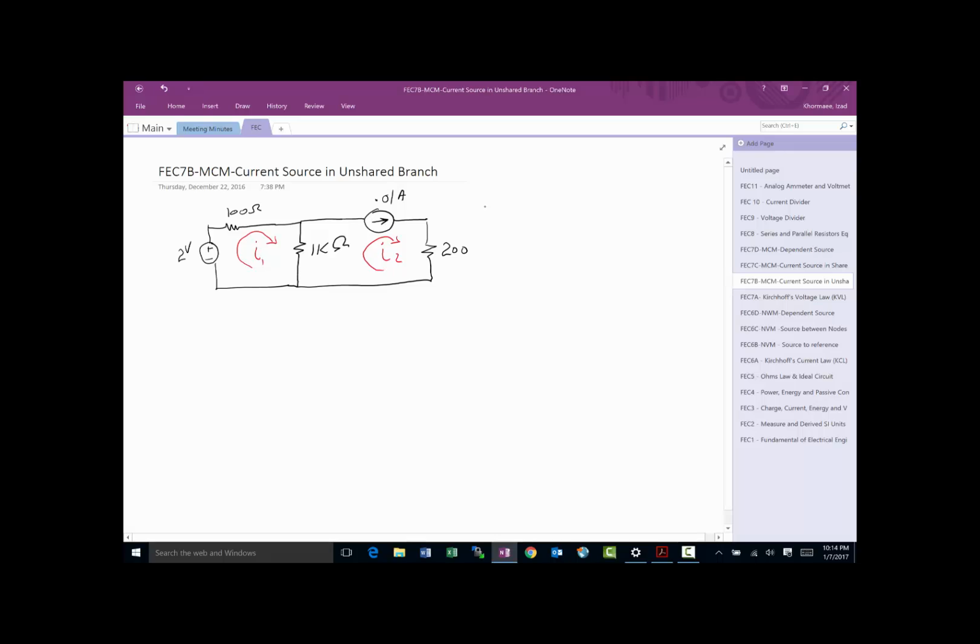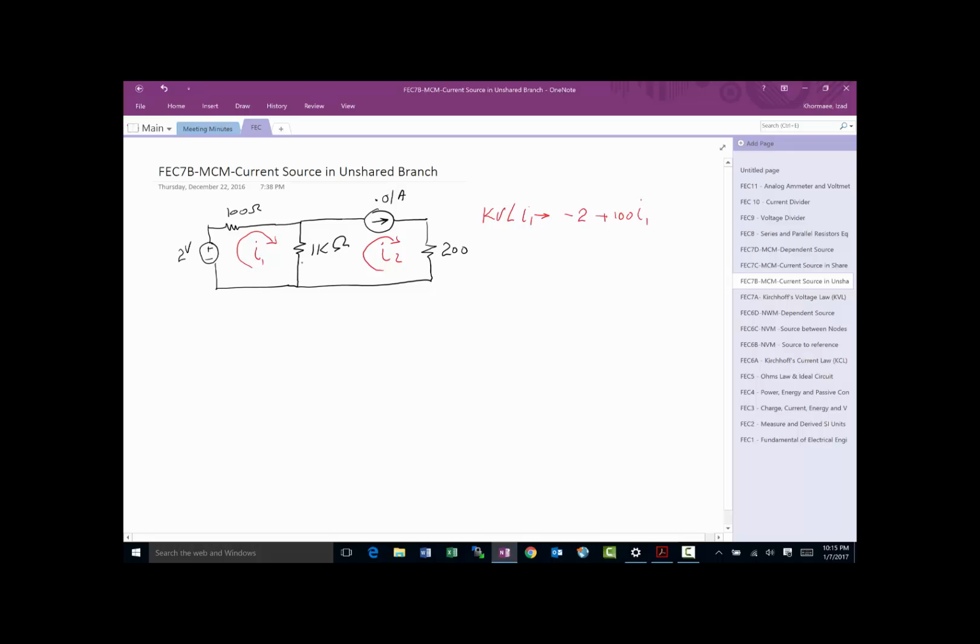Then we're going to go ahead and do the KVL for each loop. So we'll do a KVL for I1. As we go around the loop, we first encounter the minus part of the power supply, so it's -2. Then since this is an outer branch and I1 is the only current through it, we'll have 100 times I1.